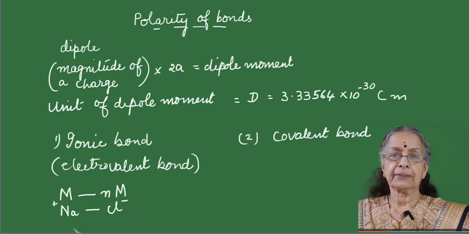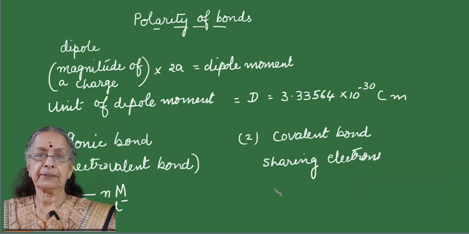An electrostatic force of attraction develops between these two ions, and that is ionic bond. What is covalent bond? Covalent bond is formed by sharing electrons. How many electrons are shared will depend upon how many electrons are needed to complete the octet.